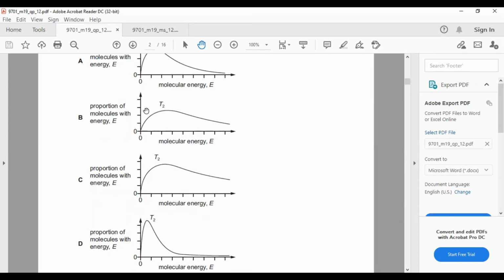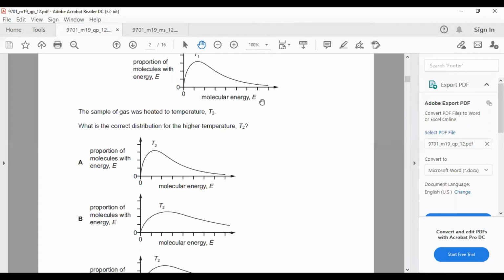Keep in mind, at higher temperature, the height of the peak is decreased. So why is C wrong?